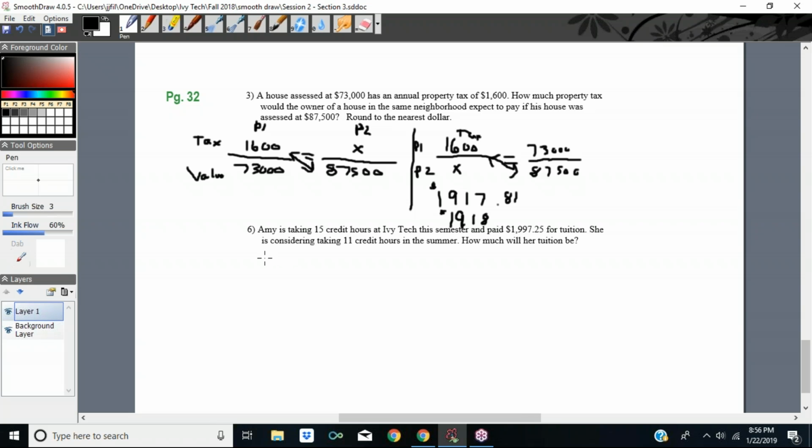And again, this is if each credit costs the same. So what I would do is I would just put the credits on the top. 15 costs $1,997.25. We want to know how much 11 credits cost. So cost is going across the bottom, credits are across the top.